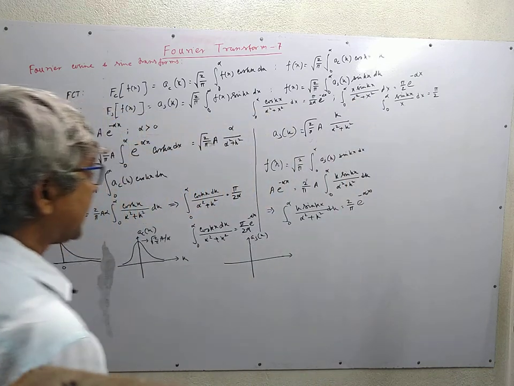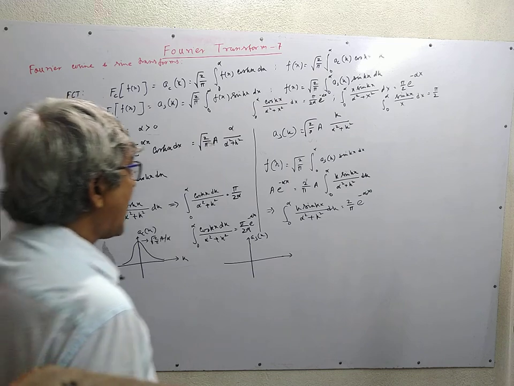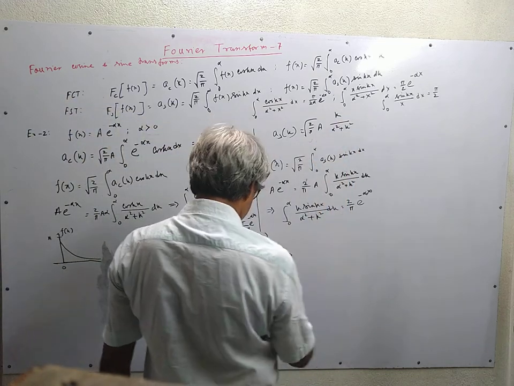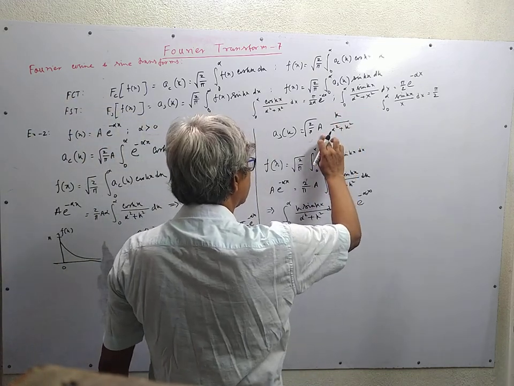One thing is that at k is equal to 0 it is 0, and for the right hand side it is positive and left hand side it is negative.